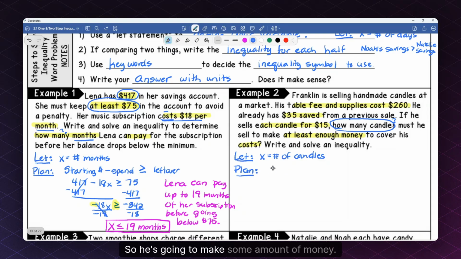So he's going to make some amount of money. Well, let me go ahead and erase this. We're going to say he's going to sell some amount of candles. So he's going to sell candles.